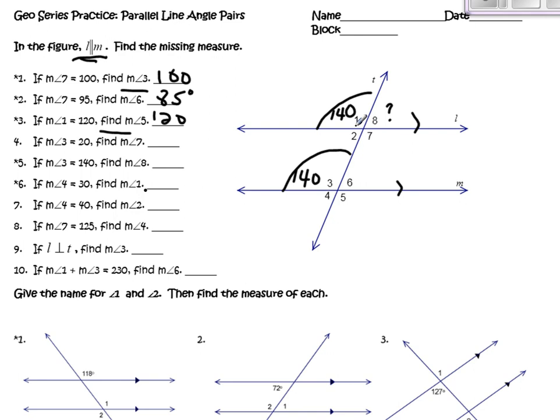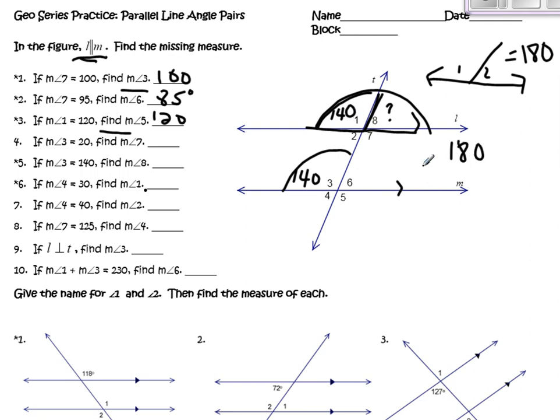So now that I know angle 1 is 140, I know that angle 1 and angle 8 form a linear pair. A linear pair is a pair of angles that sits on a straight line, whose sum is 180 degrees. So now that I've found angle 1 is 140, I can take my 140 and subtract it from 180 degrees, and I would get a total of 40 degrees.